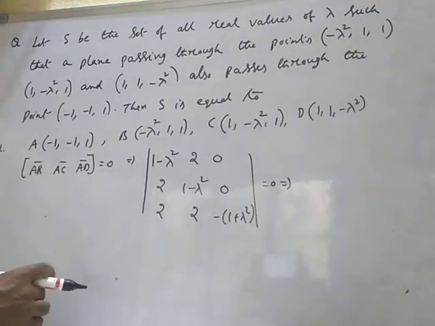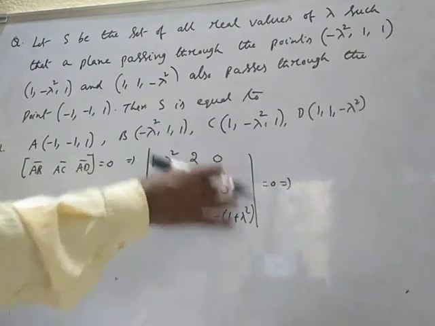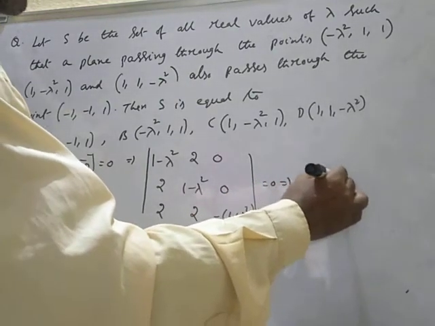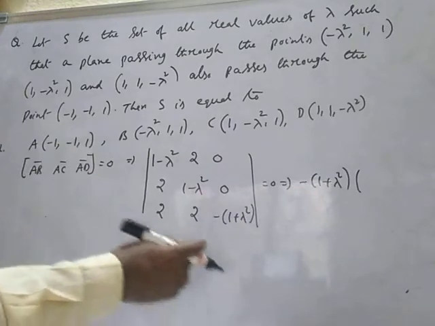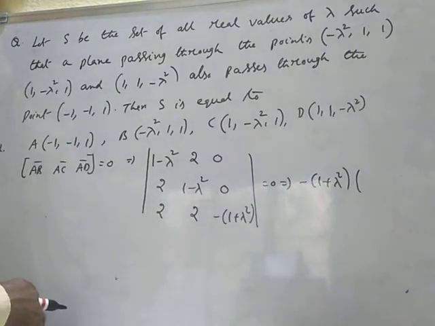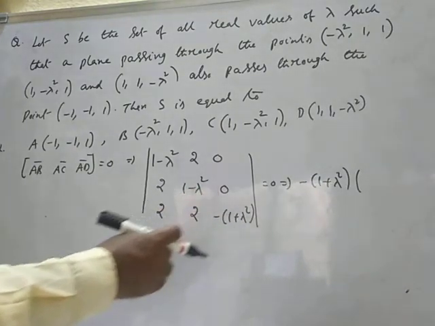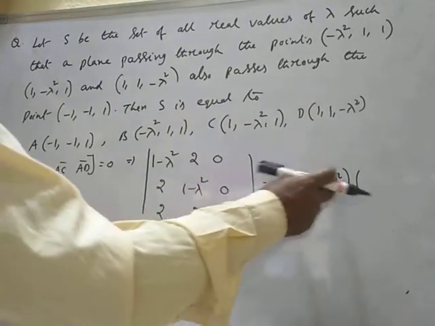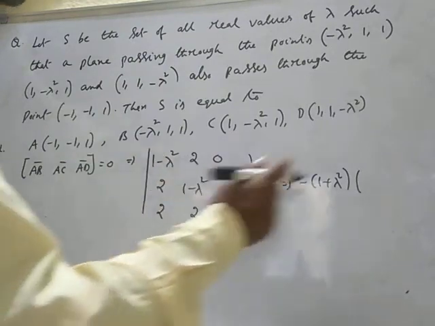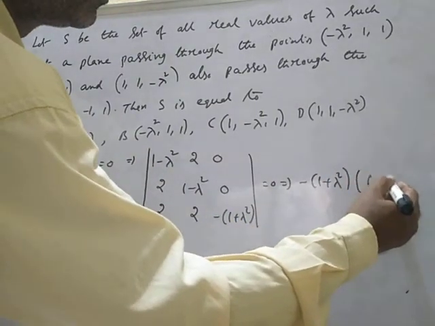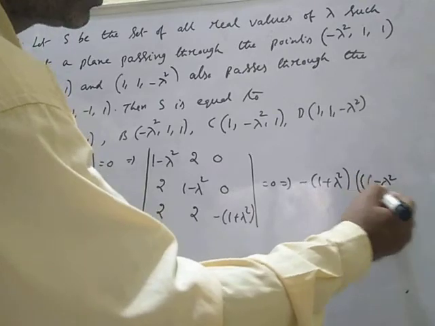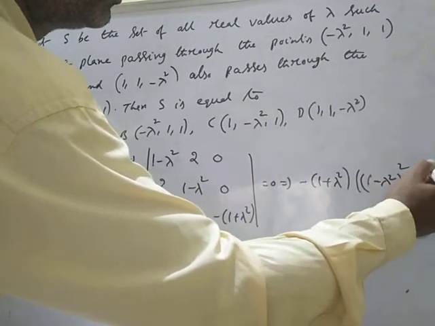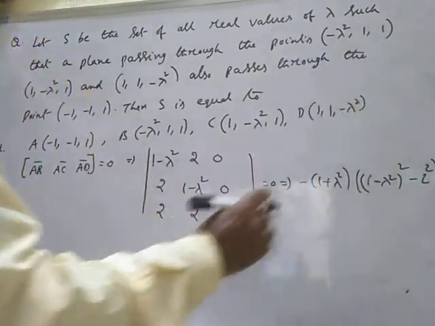By expanding along the third column, we get -(1 + lambda square) times [(1 - lambda square)^2 - 2^2] equal to 0.